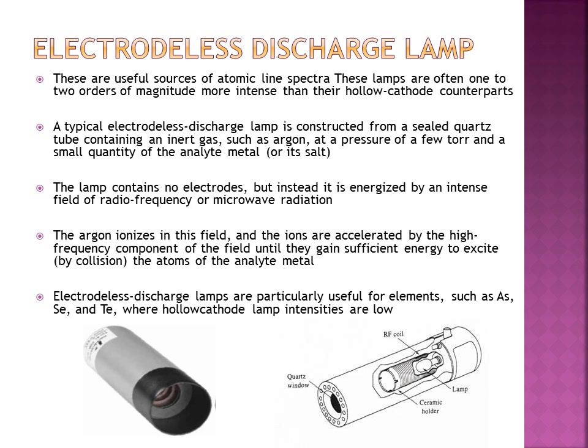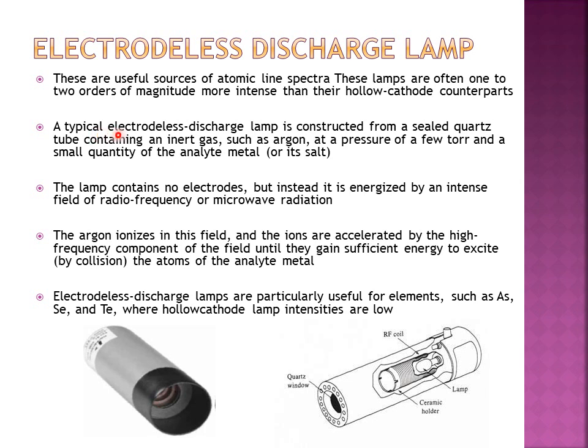Another design of line source is the electrodeless discharge lamp, which is shown over here. These are useful sources of atomic line spectra, and these lamps are often 1 to 2 orders of magnitude more intense than their hollow cathode counterparts, meaning these lamps produce radiations which are more intense as compared to hollow cathode lamps.